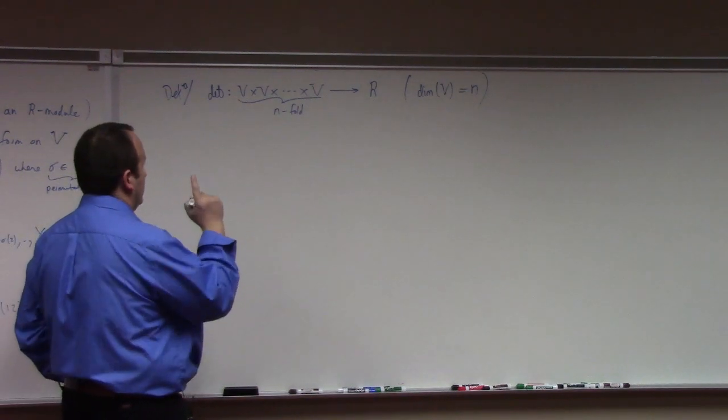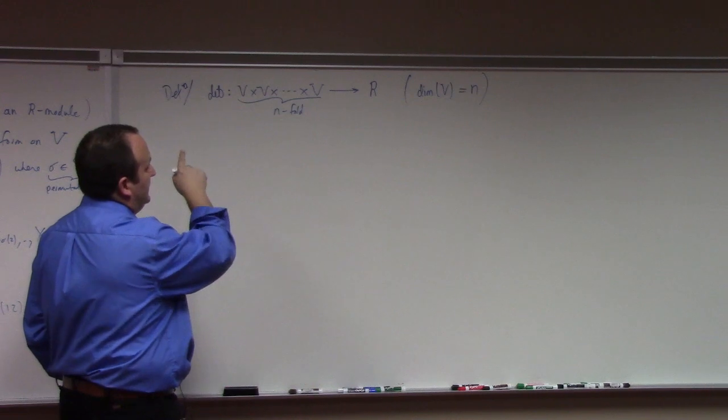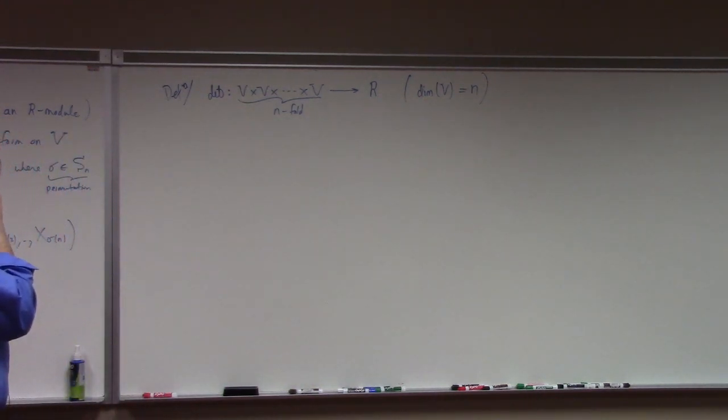So this one here, supposing V is n-dimensional as an R module at least, all right? So suppose it is free of rank n, all right?